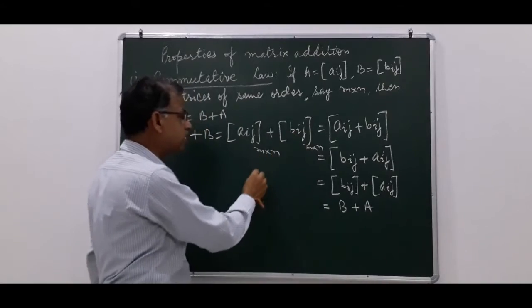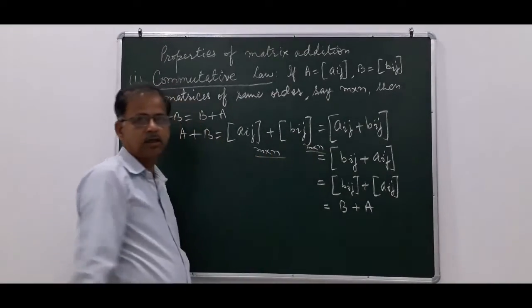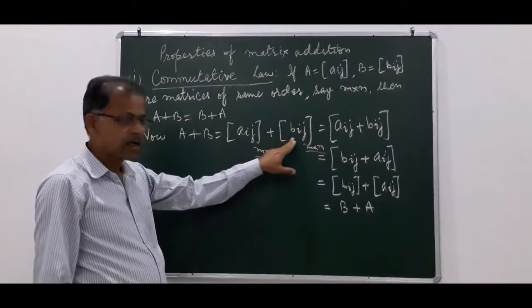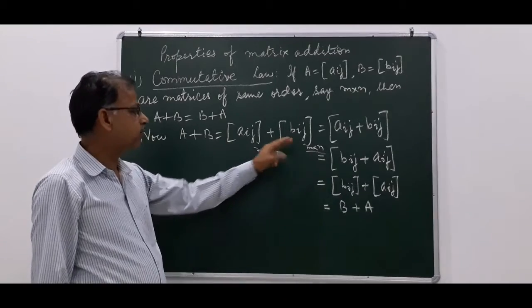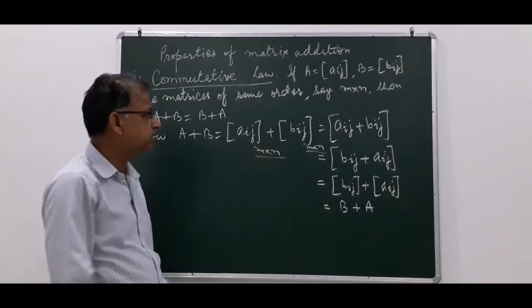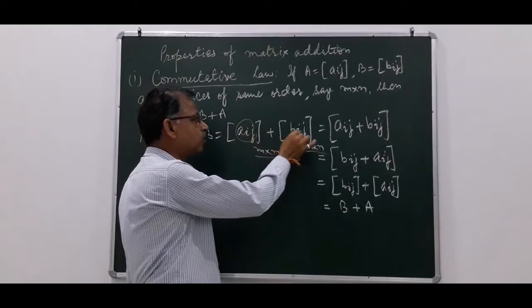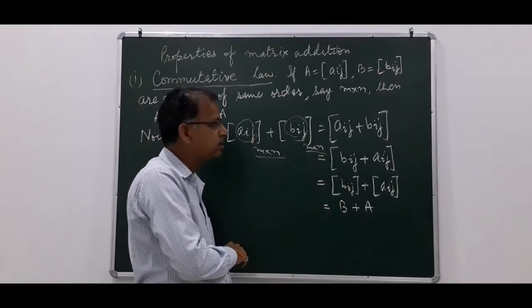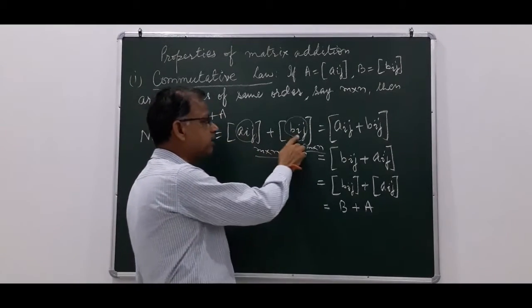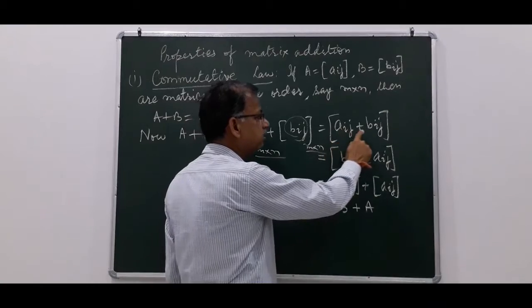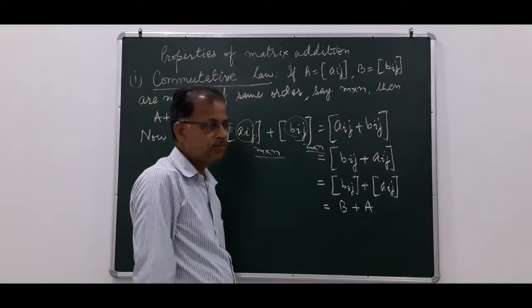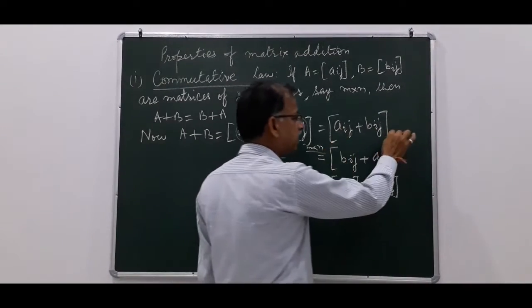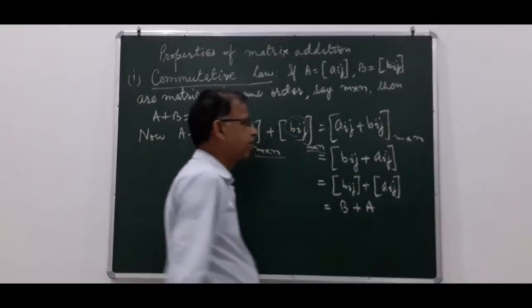Now both the matrices are of same order. It means we can add them, and for addition of two matrices we add their corresponding elements. So sum of these two matrices is Aij plus Bij, and order of this matrix will be m by n.